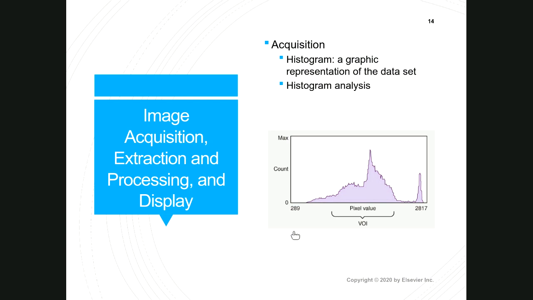So when you have a histogram, basically, when you select what you're going to image on the control panel, you have to tell the system that you're going to take a picture of a chest or an abdomen or a hand or a femur. Whatever you're going to image, you tell the computer that's what you're going to image. And the computer has a histogram, meaning that with what you've selected, it knows what it should look like.